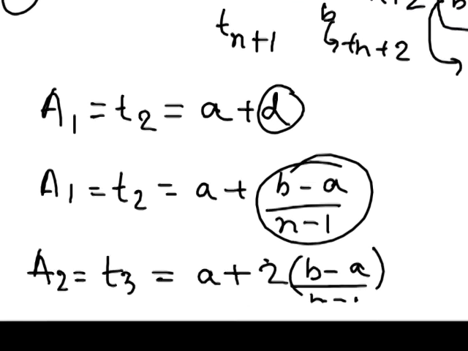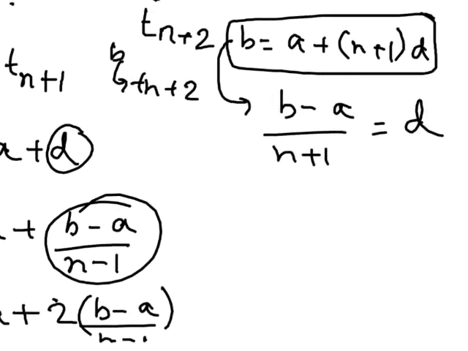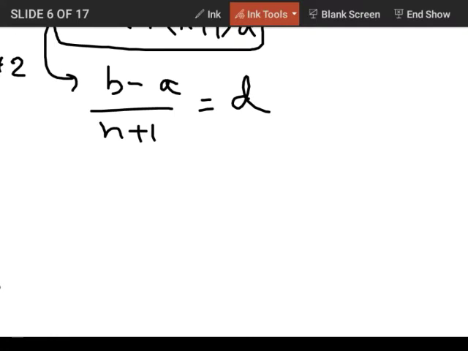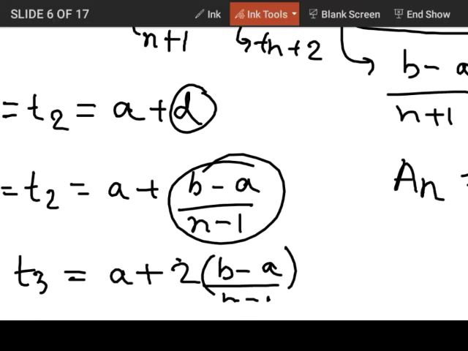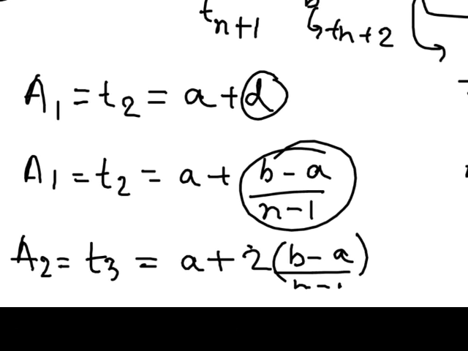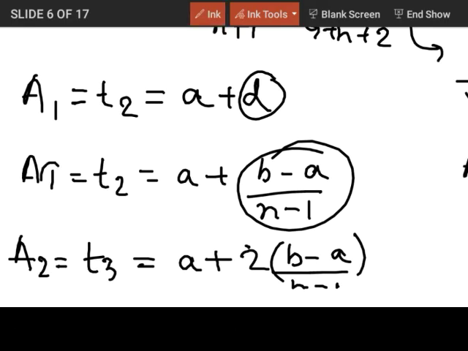Right? Like this. And if you continue this, and if you ask me, sir, now tell me what will be the nth arithmetic mean of this whole AP, then if you see a pattern right here, since you asked the first arithmetic mean, we can consider it multiplied with 1.